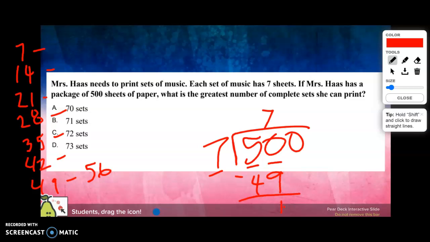Okay, and that leaves me with 10 extra. Now remember, it said how many complete sets. So if I have 10 left, well, it can go in one more time, and it's a remainder of 3. So complete sets, you have 71. So it would be B.